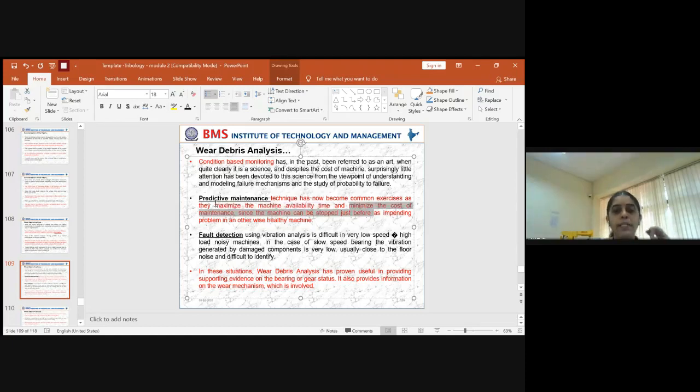When you say predictive maintenance, the word itself says that it is associated with the maintenance factor, right? For any machine component we are using for any type of relative motion, you should always see that the maintenance cost is not too high and that it does not come into the maintenance aspect often. If it should not come into maintenance, obviously the machine or the machine component you're using should be highly reliable.